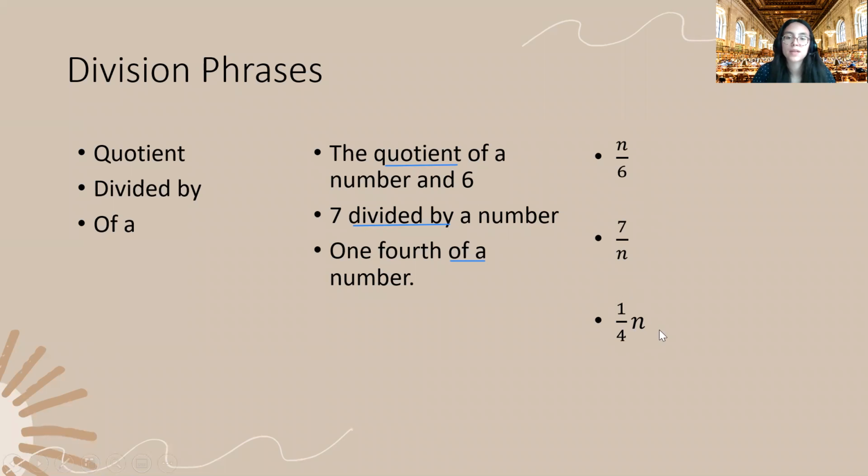We write 1/4 times n. Okay. Now again, do you notice anything about order? And does order matter in division? We already said that order does matter in division, because, let me give you an actual example, something like 1 divided by 2 is not the same as 2 divided by 1, right?